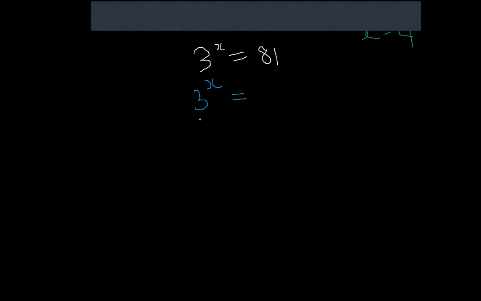How do I write 81 to the base 3? 81 is the same as 3 to the power of 4. So now that I have the same bases, 3 and 3, I could equate the indices. Therefore, x has to be equal to 4. This answer is correct. So you see, it's an easy thing, nothing too difficult.